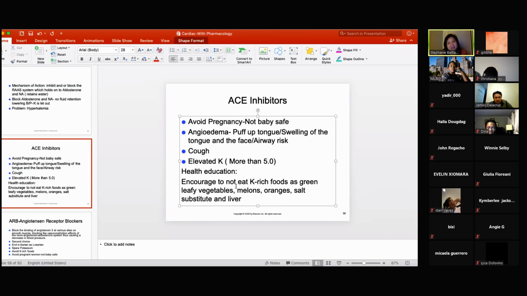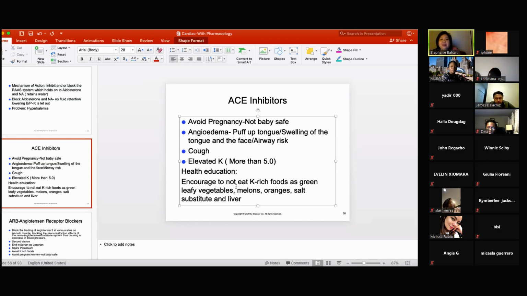But green leafy vegetables, melons, oranges, salt substitutes, and liver are all high in potassium. You should know this because these questions are going to come up as select all that apply. So liver, okay? Liver is also high in potassium.